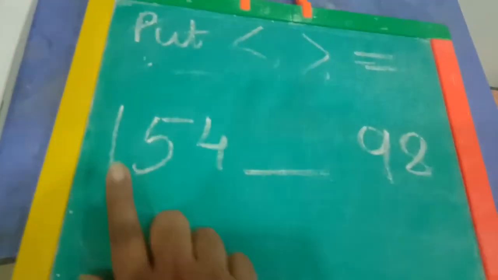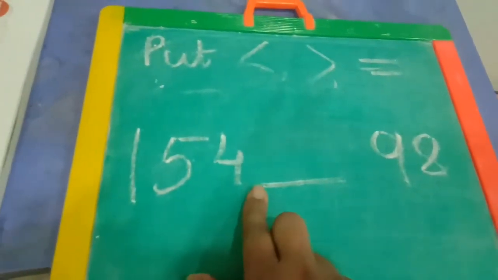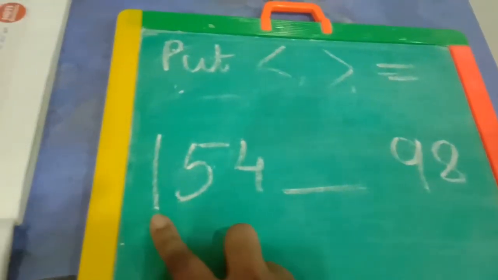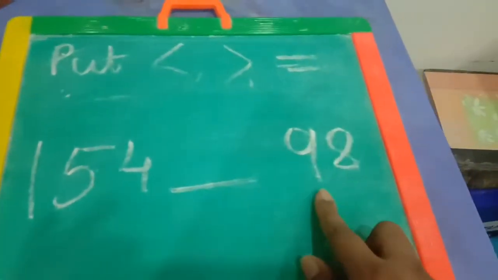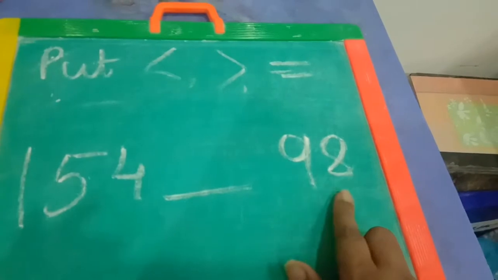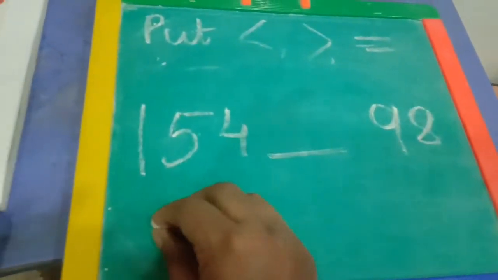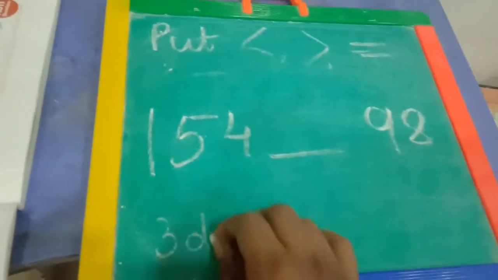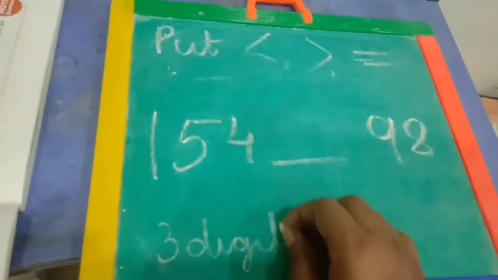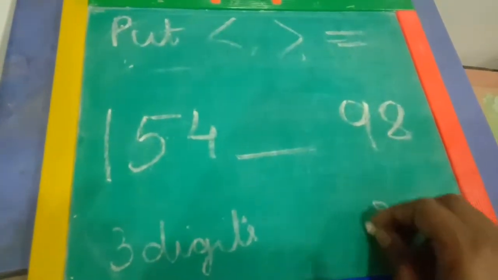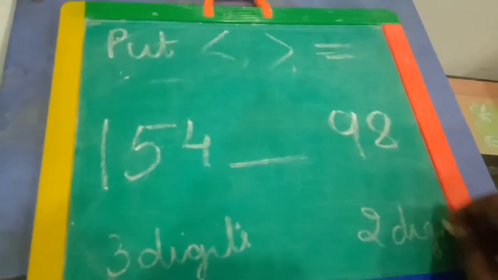Similarly, here we got a three digit number, 154, and here we have got a two digit number, 98.